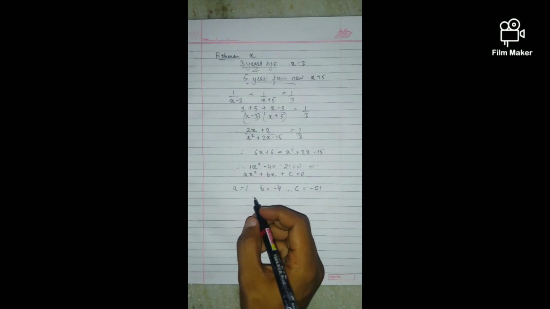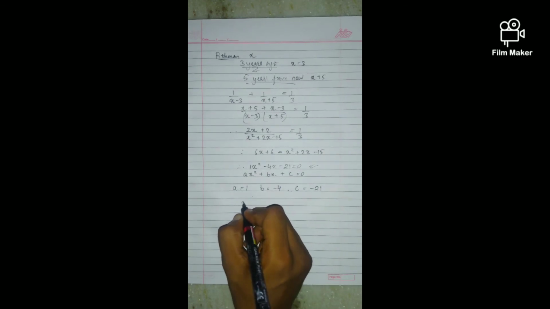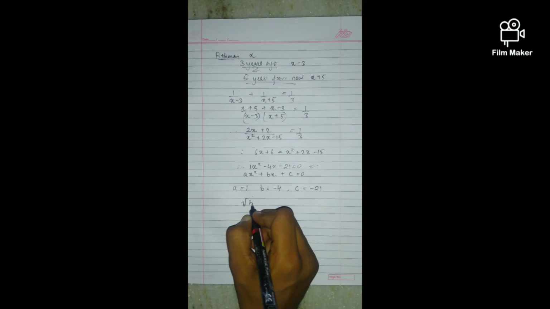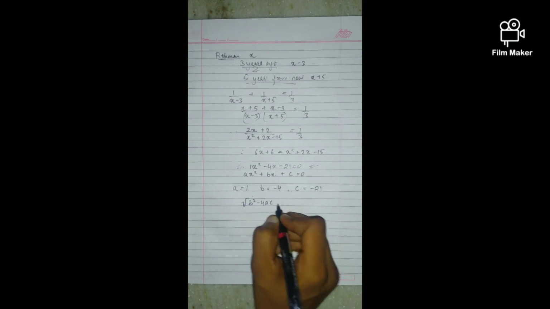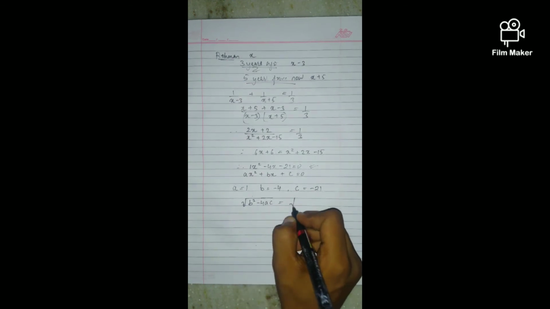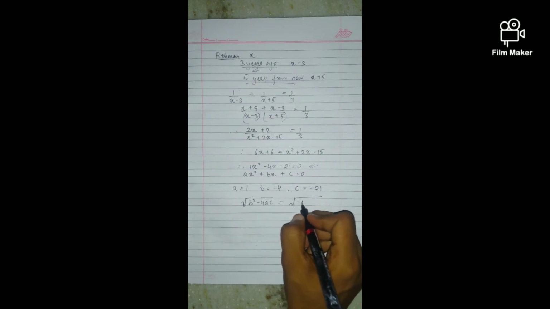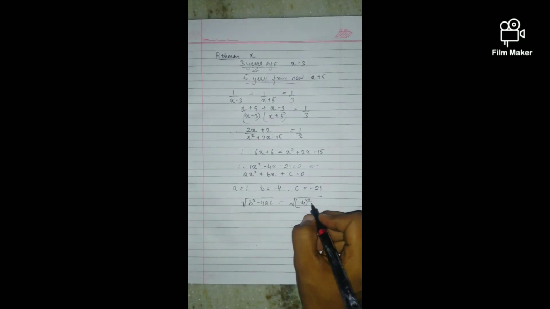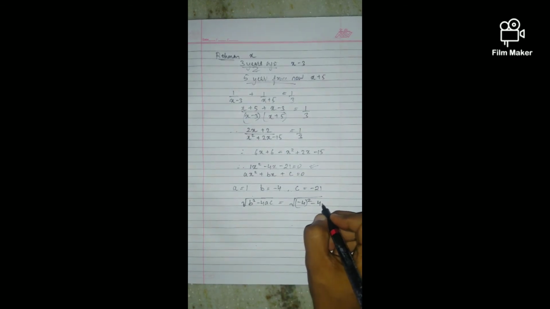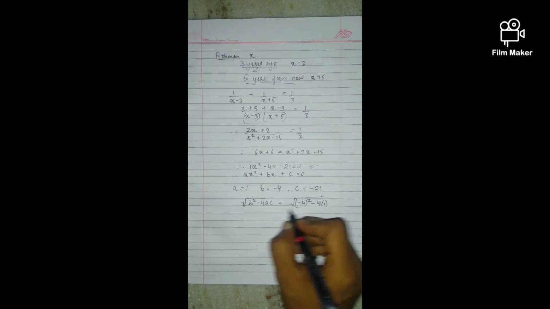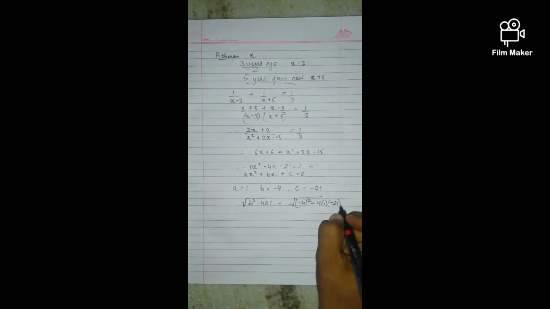Okay, now we'll find under root of b square minus 4ac, that is under root of minus 4 square minus 4 into a, that is 1, into c, that is minus 21.